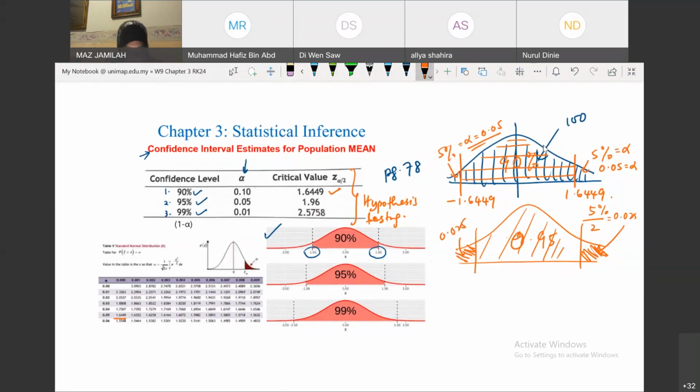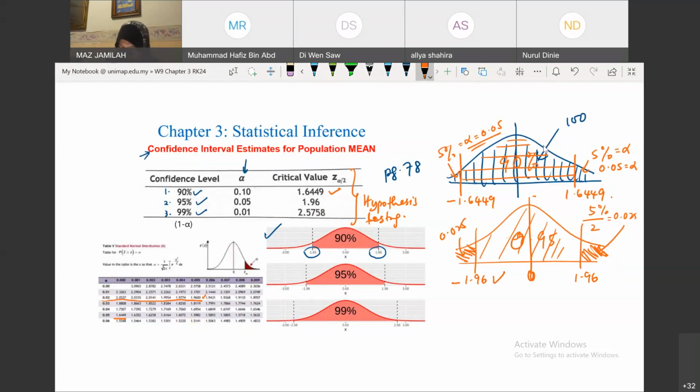So we look at the upper tail table, 0.025, and we have 1.96. Knowing that the middle is 0, lower than 0 is negative, larger than 0 is 1.96. So the critical value is 1.96.